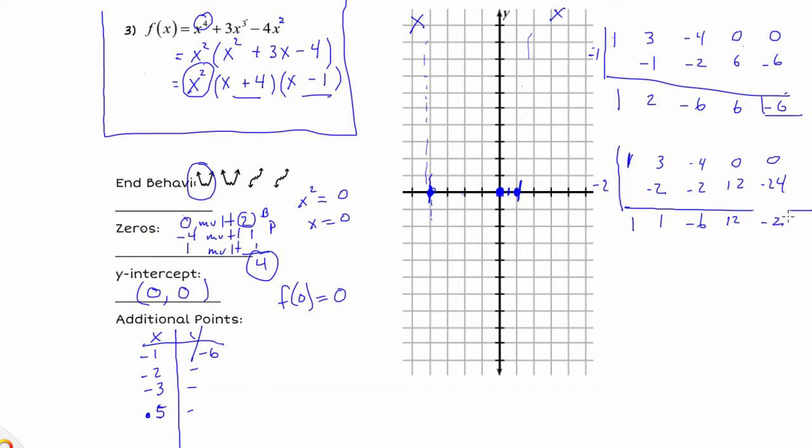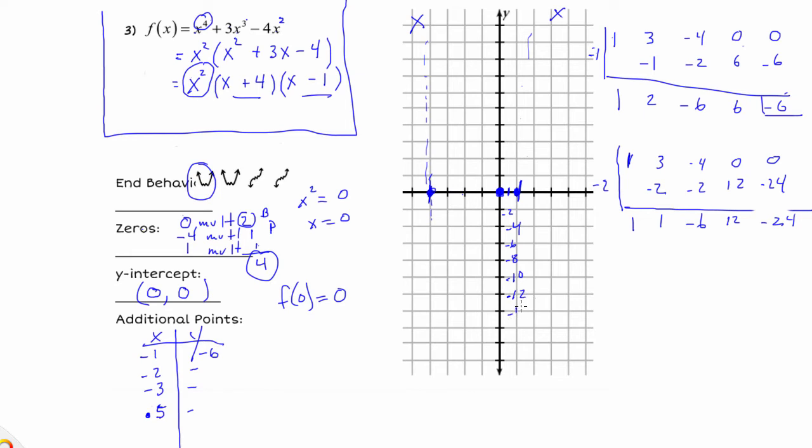Well, I have to go down to negative 24. So one thing I could do here is go down by 2. So let's say negative 2, negative 4, negative 6, negative 8, negative 10, 2, 4, 6, 8, 10. And even this may not hit it, but at least I didn't go down by ones.